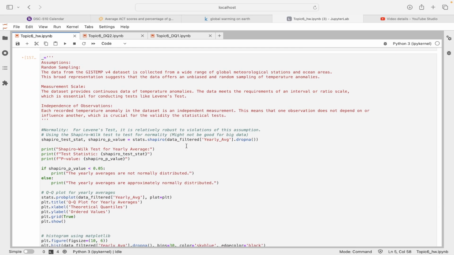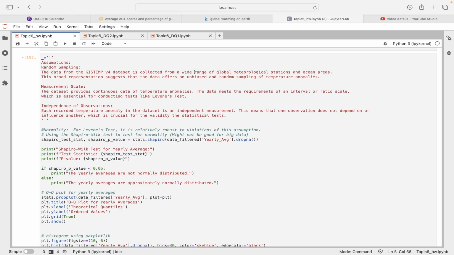With that Levene's test, we have some assumptions that follow. Typically, you run your normality test before conducting the hypothesis test to make sure you're conducting the appropriate test for your distribution.